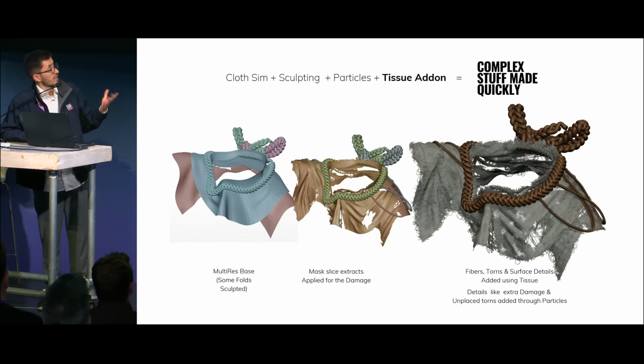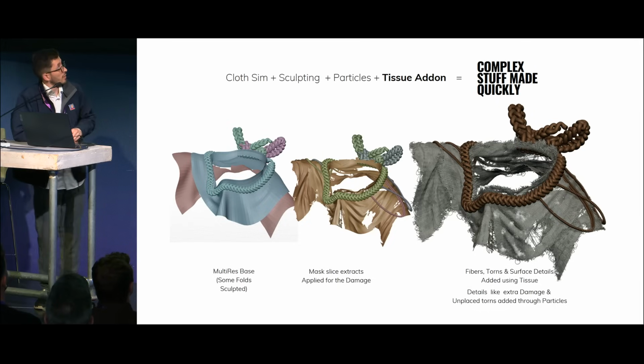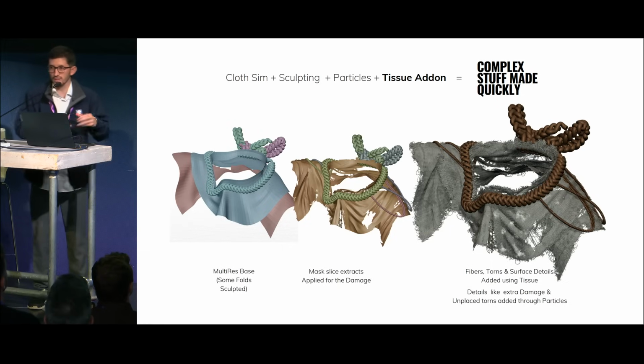So basically, I use a combination of different modes inside Blender. I extracted, with a mask slice, a part of the cloth that I wanted to have on the dragon. Then I made an automatic retopology to get a quad-based mesh, and I started playing with some easy simulations inside Blender.